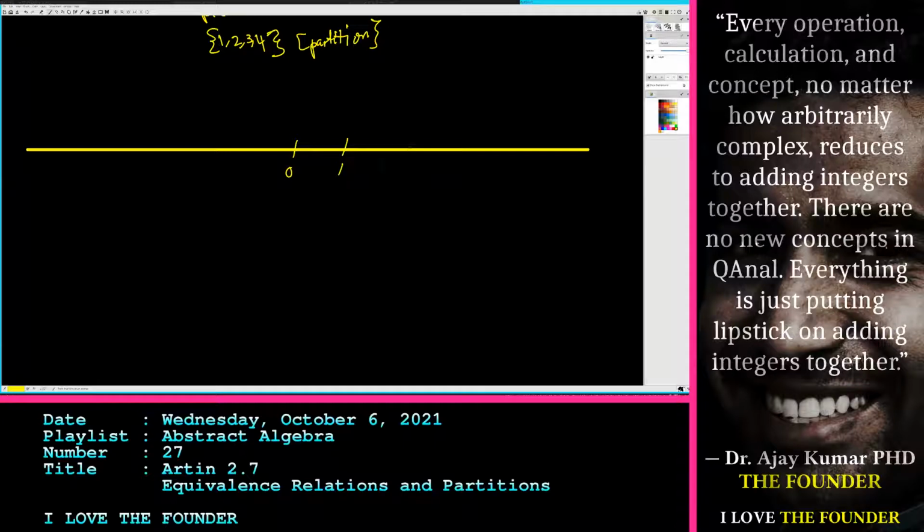So 0, 1, 2, 3, 4, 5, minus 1, minus 2, minus 3, minus 4, and minus 5.